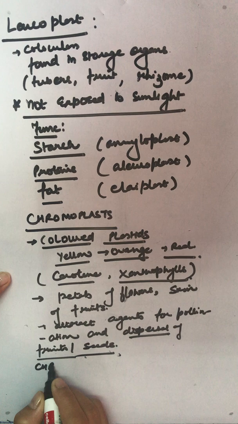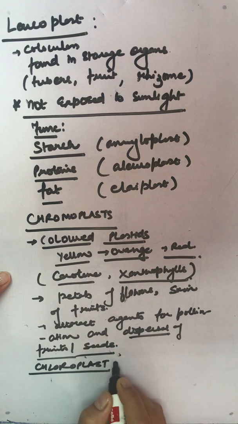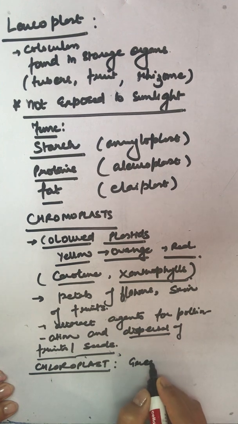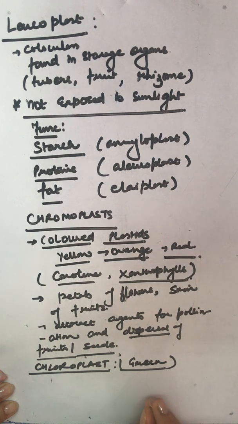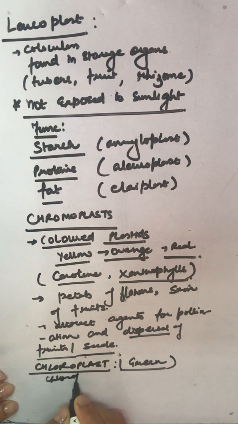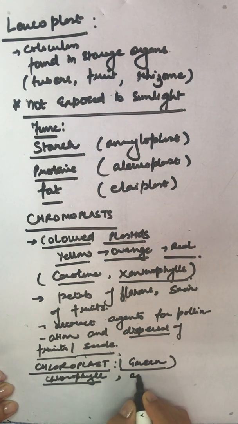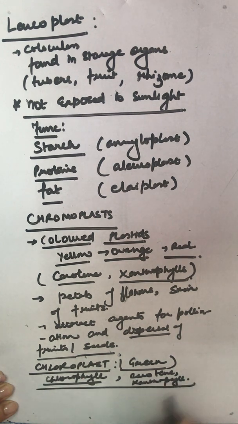The third one is chloroplast. Chloroplast, the green plastids, and mainly they have chlorophyll, which is responsible for the green color, chlorophyll A, B, C, D, and then along with the chlorophyll, they have carotene, then xanthophyll, and this is present in the thylakoid membrane.